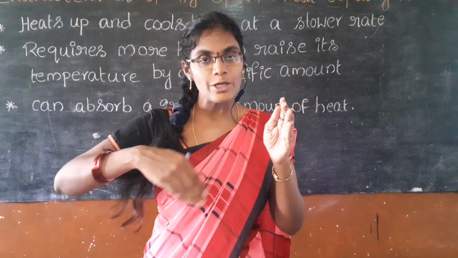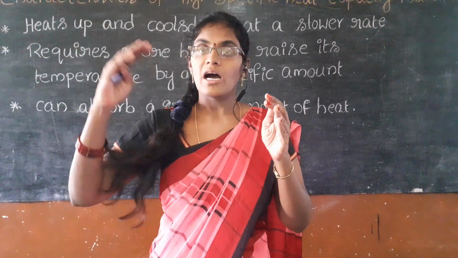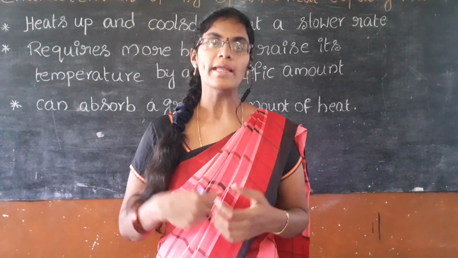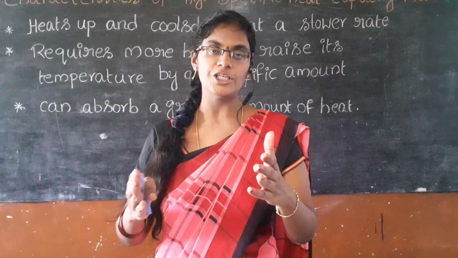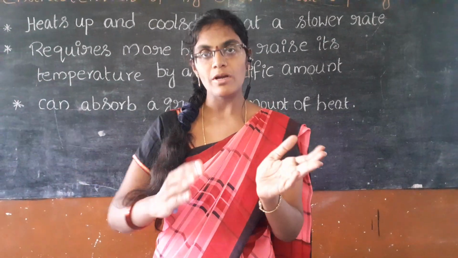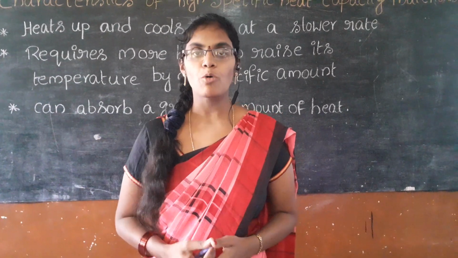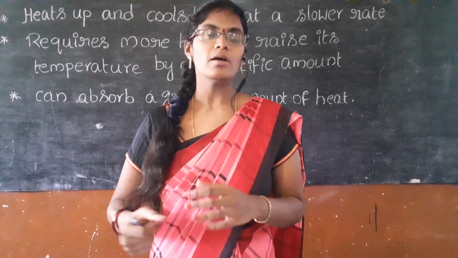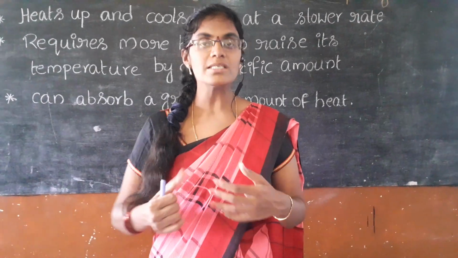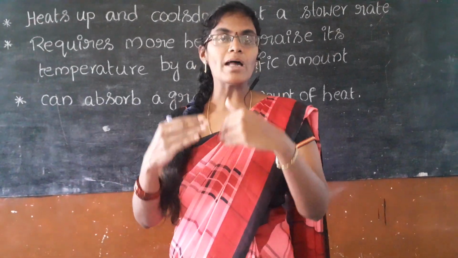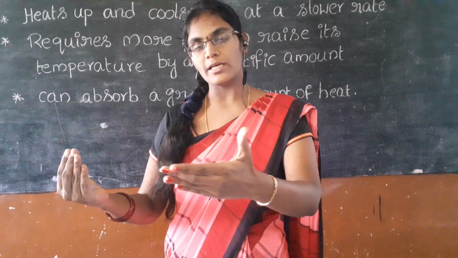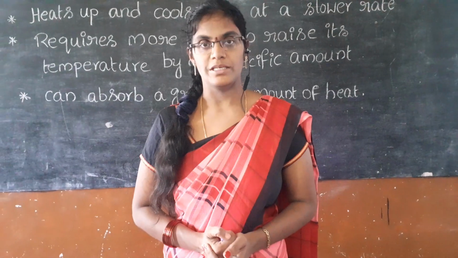Especially the vicinity of the equator absorbs a large amount of heat energy, and oceans transport this heat energy far away from the equator to the poles, means South Pole and North Pole. Because of this transfer of heat, the places far from the equator get a moderate climate.